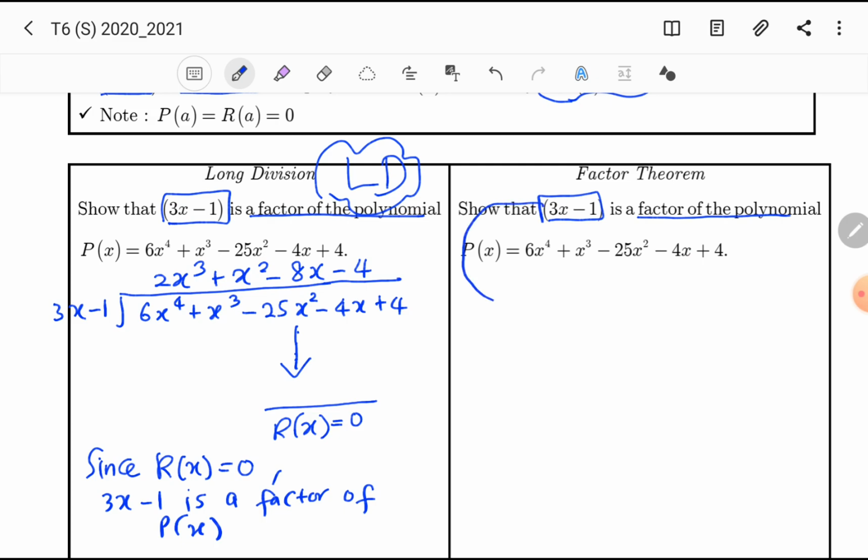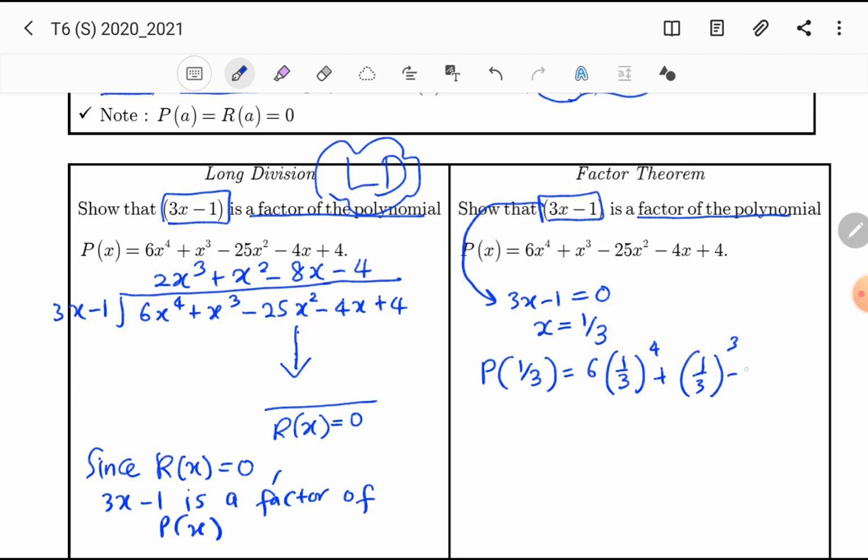Okay, so from the number tu, we set 3x minus 1 equals 0. So we will get x equals 1 over 3. Okay, so kita masukkan P of 1 over 3 equals to 6 times 1 over 3 power of 4 plus 1 over 3 cube minus 25 times 1 over 3 square minus 4 times 1 over 3 plus 4.